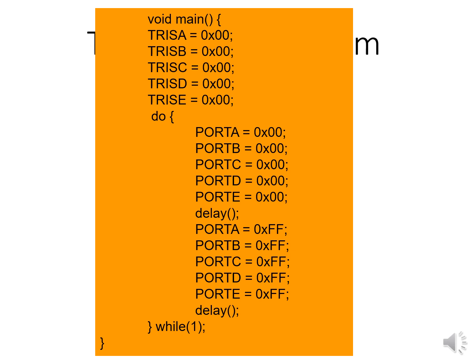Inside this loop, we begin by setting all the port pins low, then execute a delay function. After that, set the pins high and execute another delay function. The while(1) is used to ensure that the loop executes continuously and endlessly.